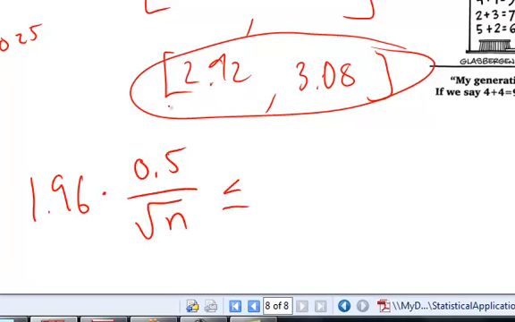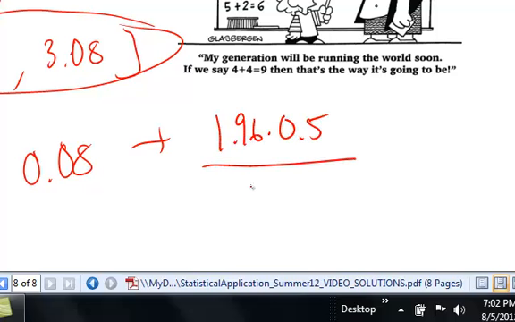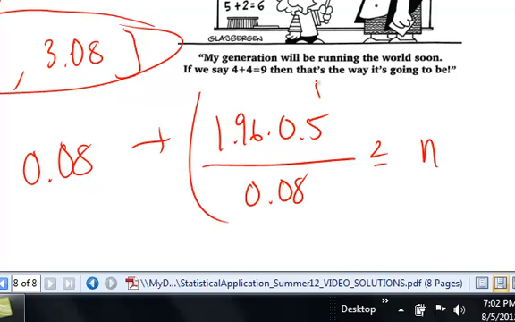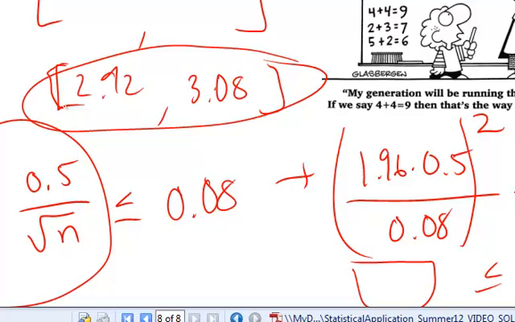I want this margin of error to be at most 0.08, which means I need 1.96 times 0.5 divided by 0.08 less than or equal to square root of n, and I square both sides. And so I get a number, so n has to be at least that, and if I get a decimal, I should take the ceiling, take one up from that number to make sure that I have a big enough sample size to make this tight enough.